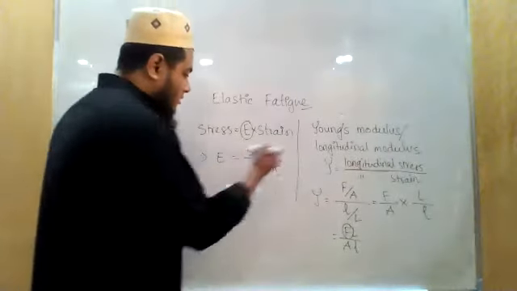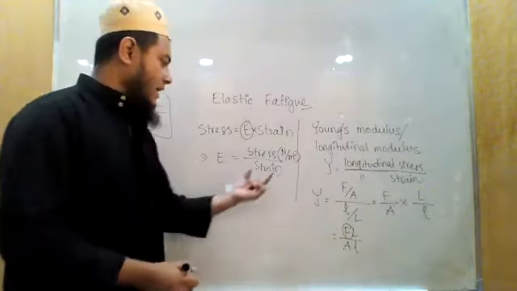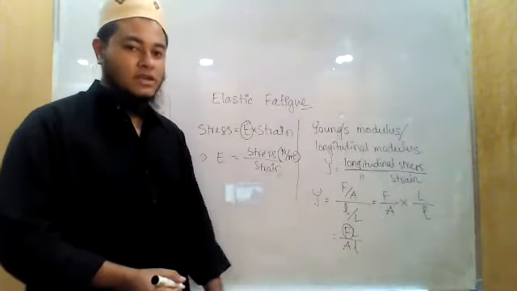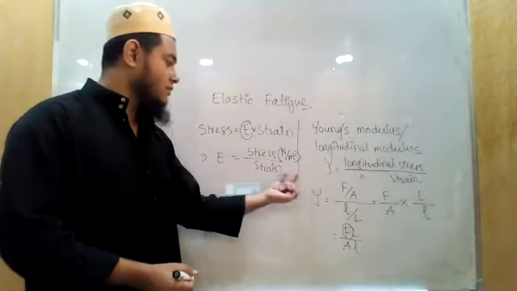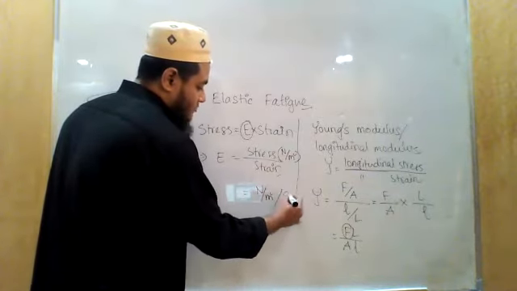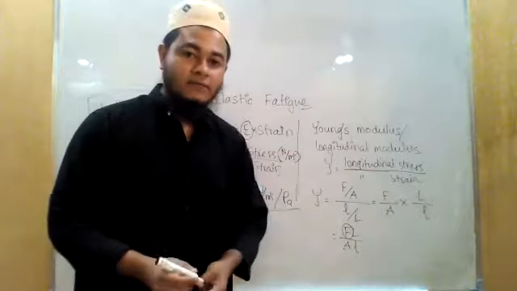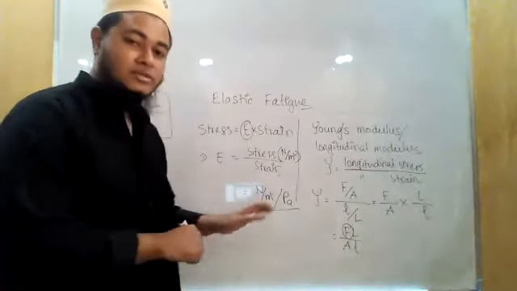So pressure is Newton per meter square, or we can say Pascal also. And strain does not have any unit, right? So only Newton per meter square is there, or we can say Pascal. So elastic modulus will have a unit same as pressure.